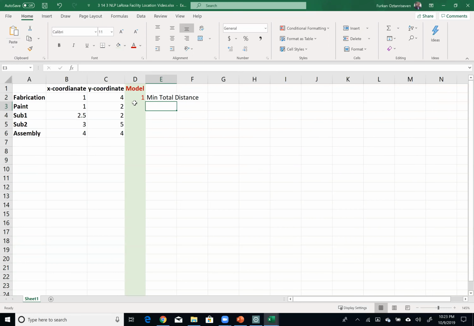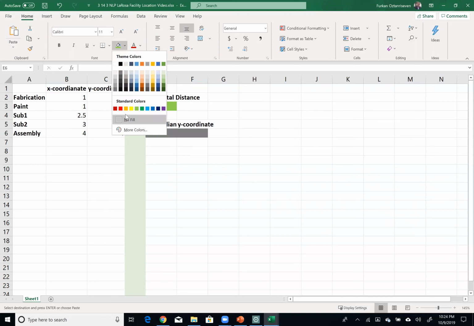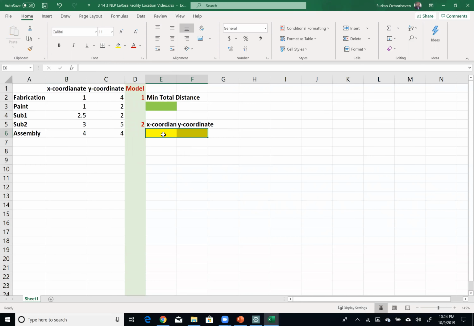I will calculate that right here, based on my decision variables. My first decision variable is the X coordinate, and another one is the Y coordinate. These are going to be my yellow cells. There is no constraint here, really, so I will leave the constraint part blank.